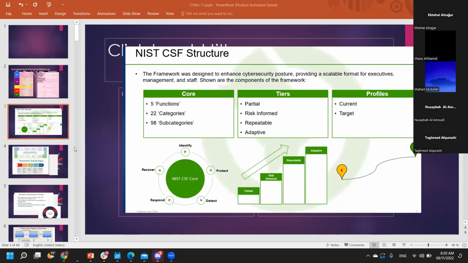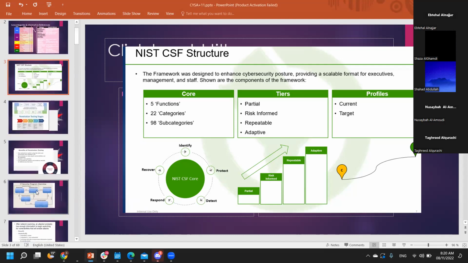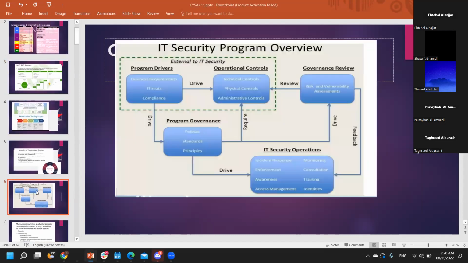Okay, guys. Also, we mentioned yesterday that your IT security program is really motivated by the business requirement, and sometimes it's motivated by compliance, and sometimes it's motivated by threats. So the business wants to do their jobs in a more secure way.